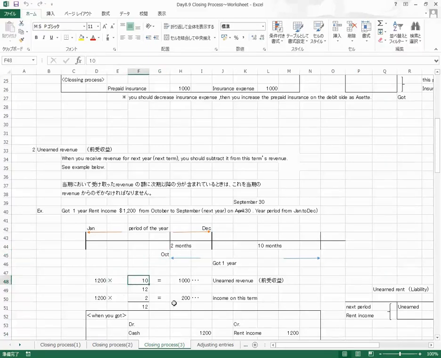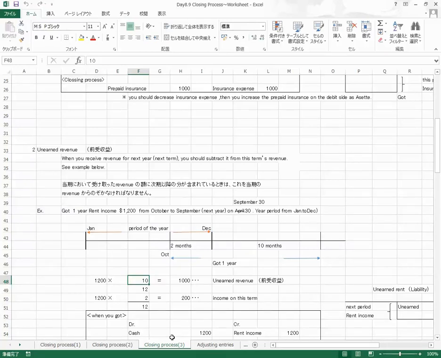So this formula says you received 1,200, but it is not all for this term. So you should divide how many months are for this year term, and how many months will go to the next term.